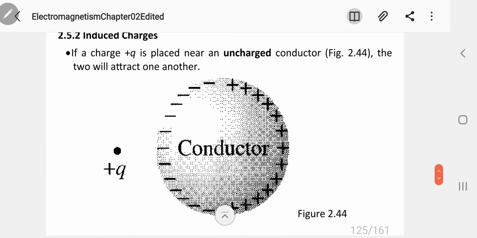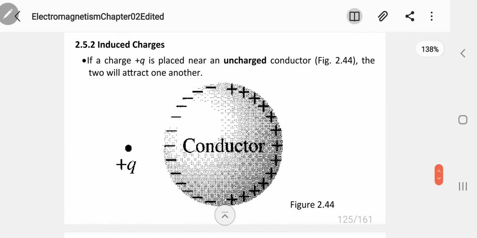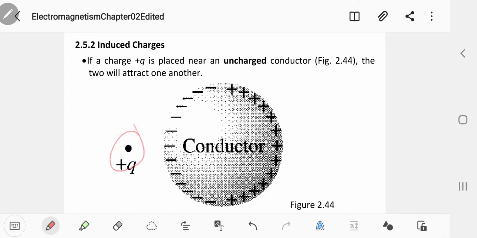So this is what I was talking about earlier, that there is an induced charge. There is an induced charge when the conductor experiences a field from outside. Say, for example, you have a charge here. This charge will give out an electric field. So the electric field will disturb the charges of the conductor, and if this charge is positive Q, then it will attract the negative charges here, and so it will make a distribution on this side.